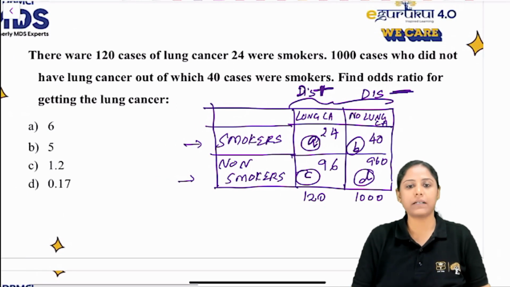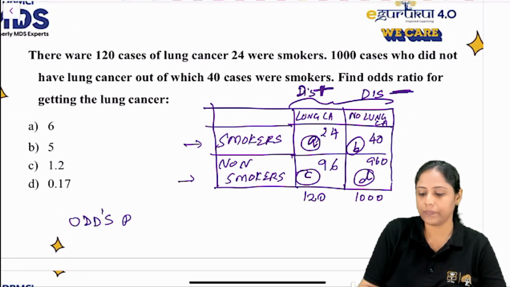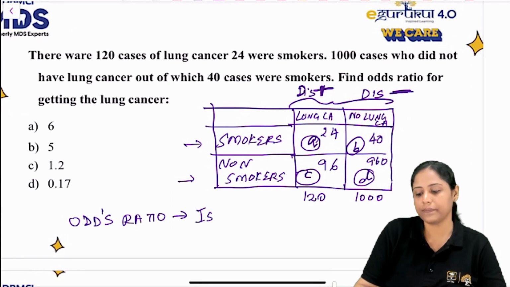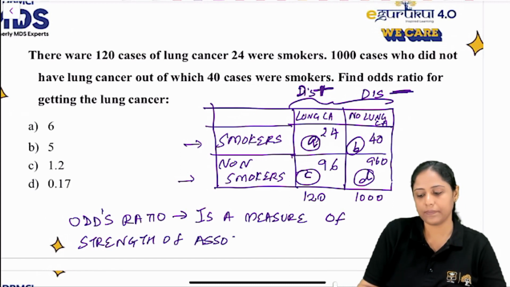So coming back to the question, find out the odds ratio. What is odds ratio? Odds ratio is a measure of the strength of association between the risk factor and the outcome.